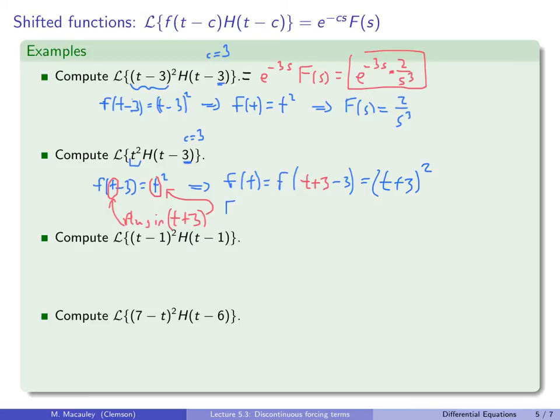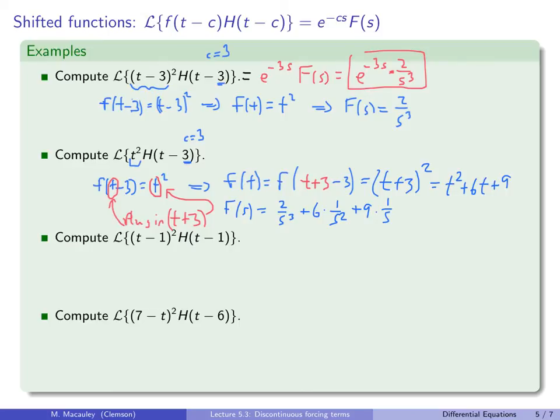So the Laplace transform of this, how do we do that? Well, we first need to multiply this out. Make it t squared plus 6t plus 9. So the Laplace transform is 2 over s cubed plus 6 times 1 over s squared plus 9 times 1 over s.